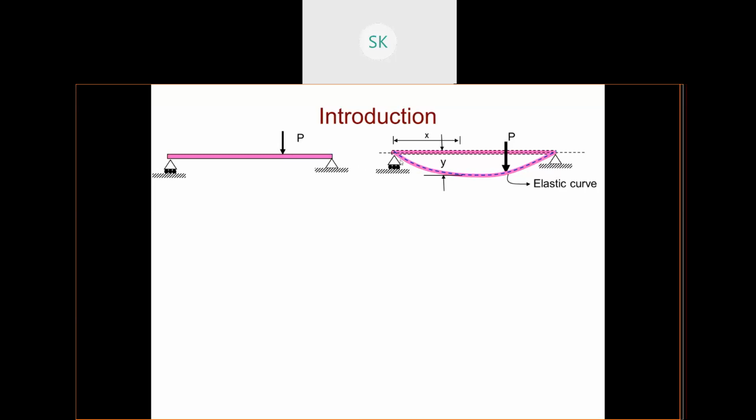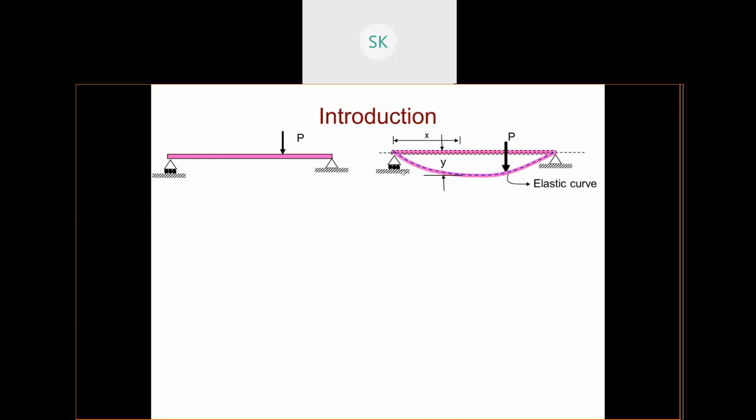But if the load exceeds the carrying capacity of this beam, it will deflect. So you have to find out what the deflection in that beam is, and when you design a beam, you have to check that this deflection is within permissible limit. The main thing is that this deflection shouldn't be in your beam, but if the deflection is coming, then it should be within permissible limit.